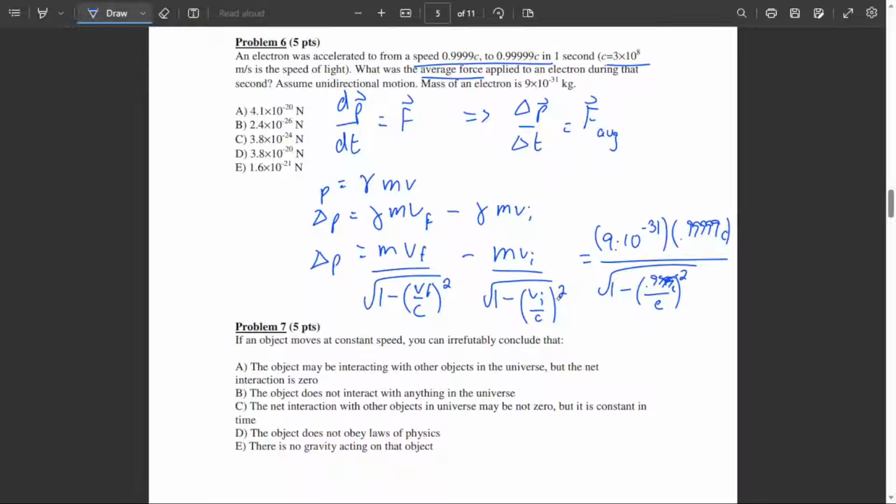Calculate all of this, and you get 6.037 times 10 to the minus 20. And then from this we subtract.